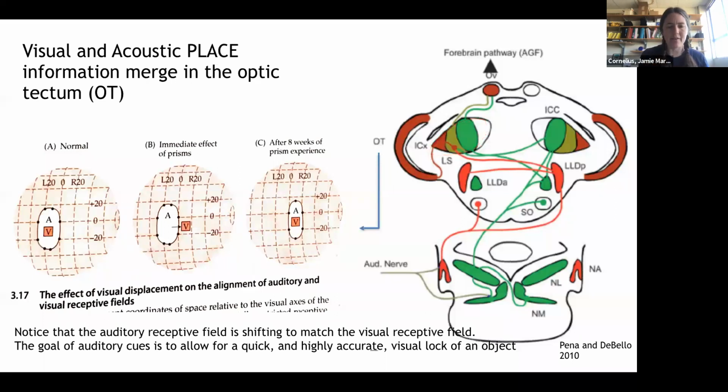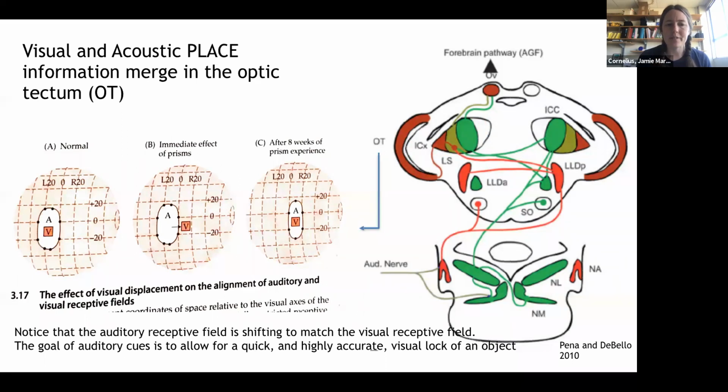What you have on the left there is an example of when it's normal. The auditory and the visual acoustic space align. So if you have a flash of light or a pulse of sound coming from that particular area in three-dimensional space, then the head will always orient to the same place.